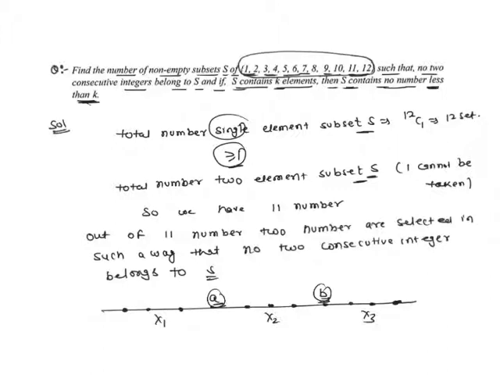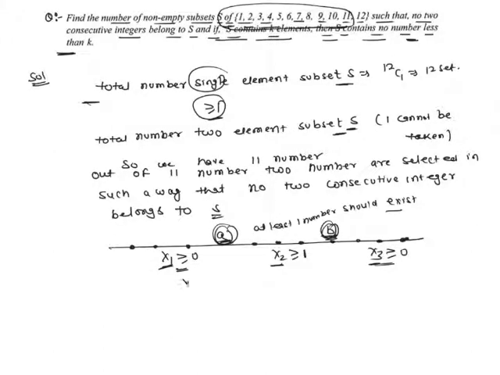That means between these two numbers at least one number should exist. So x2 minimum should be 1, so x2 is always greater than or equal to 1. Before A and after B we can put any number, so x1 can be anything, so this will be greater than or equal to 0. Similarly x3 will also be greater than or equal to 0.